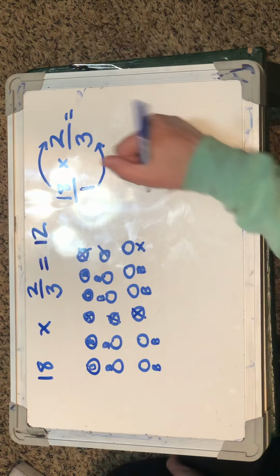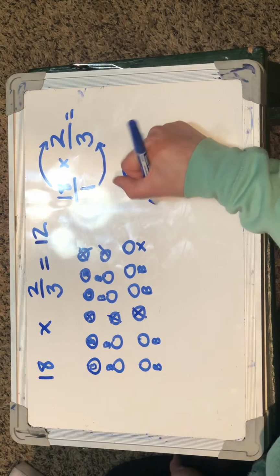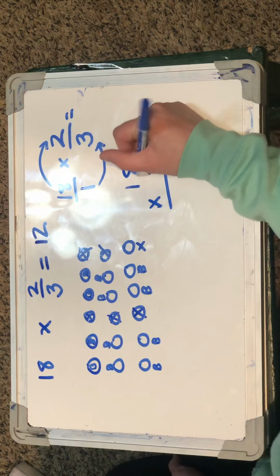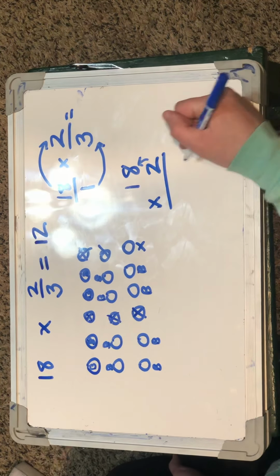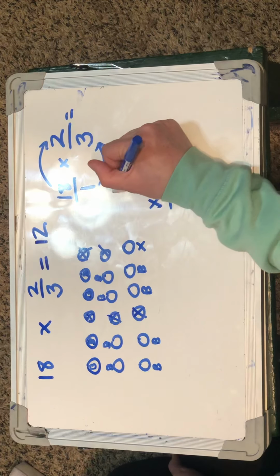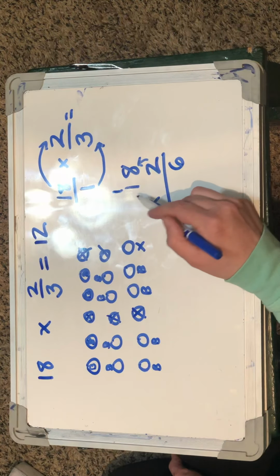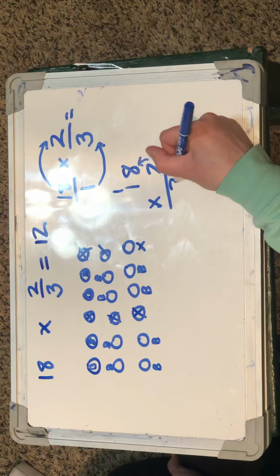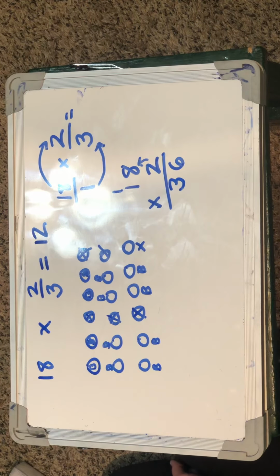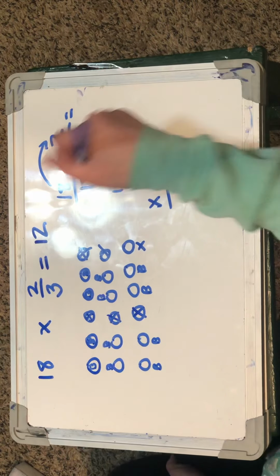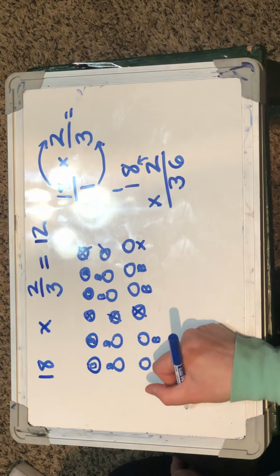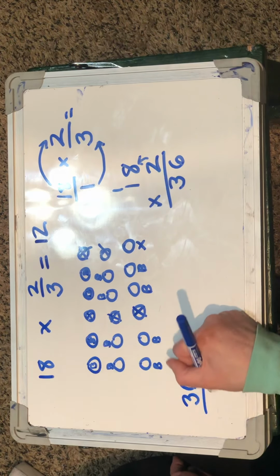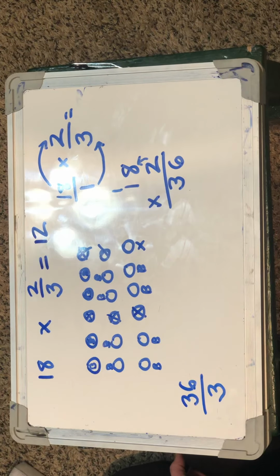You can do the area model again, or you can use your standard algorithm. 2 times 8 is 16. Write your 6, regroup your 1. 2 times 1 is 2, plus 1 is 3. 36. And 3 times 1 is 3. 36 over 3. Not done.